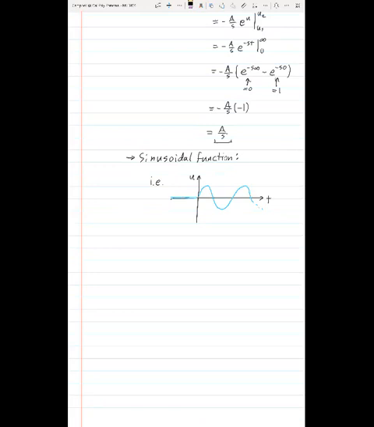And so this particular function is captured by f of t is equal to, let's just start with the 0 first, just like I did before, my apologies, is equal to 0 for t less than 0, and it's equal to a sine omega t for t greater than or equal to 0.